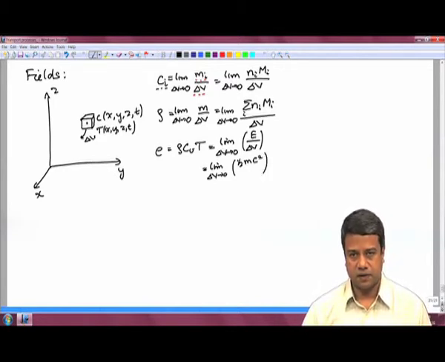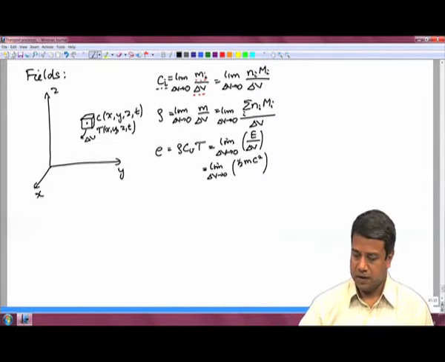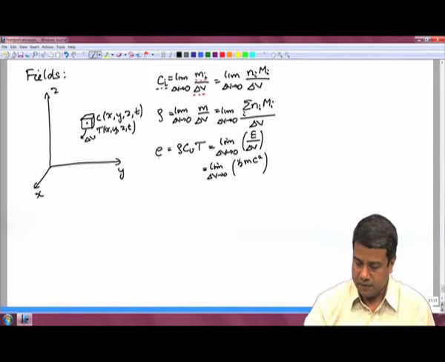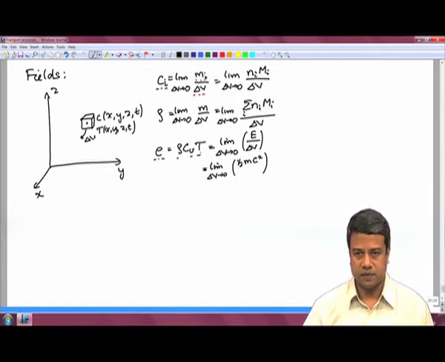That will be the total energy, and that has to be equated to rho Cv times T to get what is the temperature. So, therefore, from the internal energy, equating it to rho Cv times T, you can find out what is the temperature. So, this basically defines the temperature field.